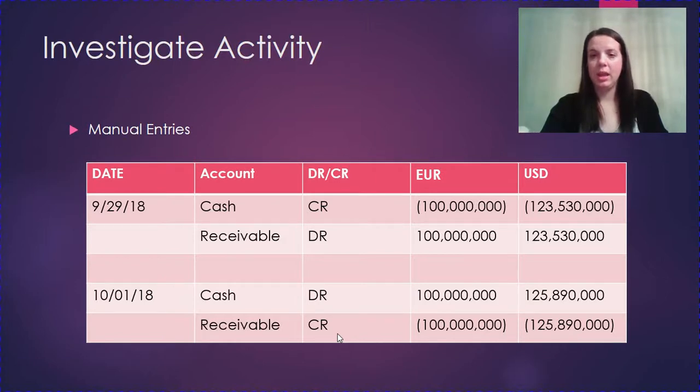It fed to the ledger in USD at 123,530. Then on October 1st, we reversed that entry in Summit. So in Summit we are whole because we posted a reversal, as shown here. But in US dollar, it created a break.